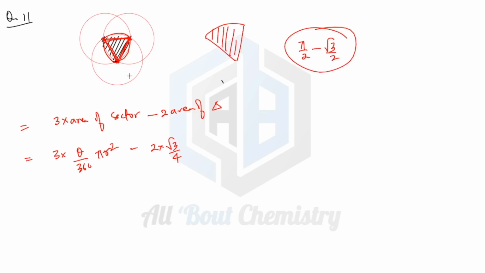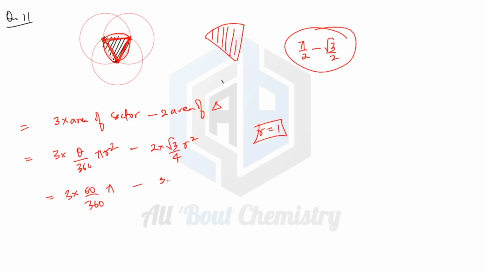I think unit radius was given, so r equals 1. In that case this will become 1, this will become 1. Theta is 60 degrees because it's an equilateral triangle, so 3 into 60 upon 360 pi.